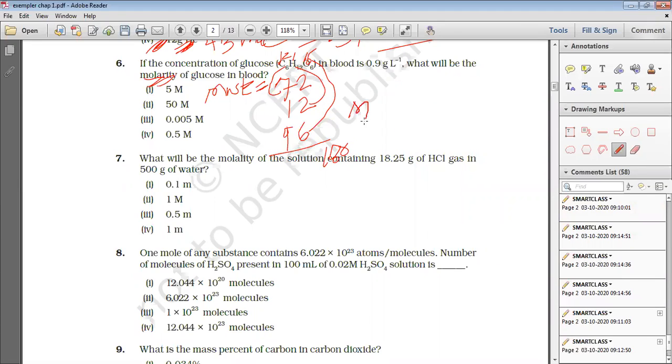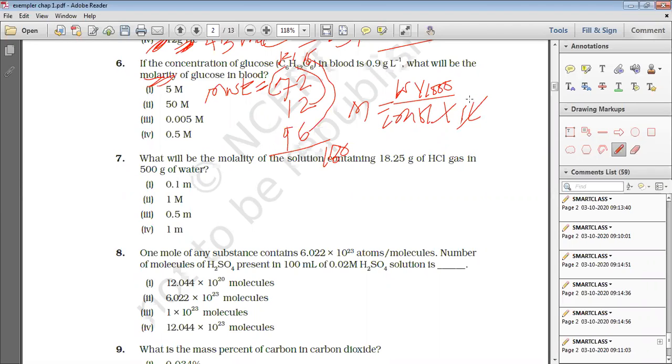Now, how can we calculate molarity? Molarity is W into 1000 divided by MWT into volume of solution. Now, let us take the volume of solution as 1 liter.